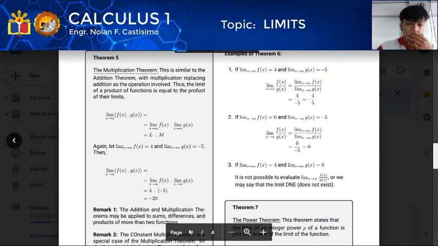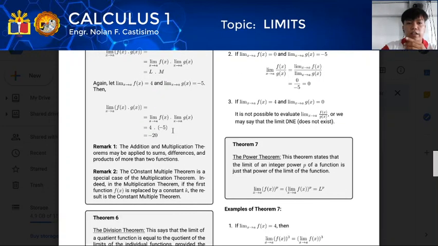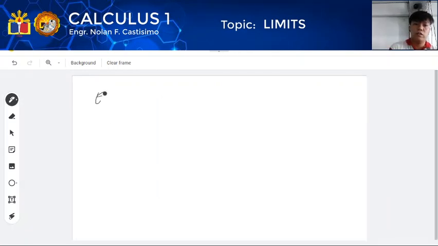Next. We have here, sabi dito, let limit of f of x as x approaches a is equivalent to 4. And limit of g of x as x approaches a is equivalent to negative 5. So, example na yan. So, gagamitin natin, sasagutan natin yan dito sa examples natin sa board. So, example.